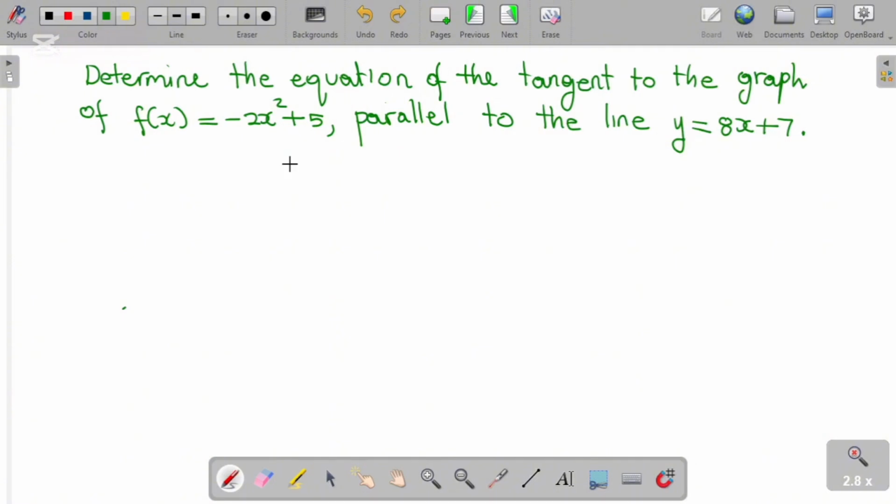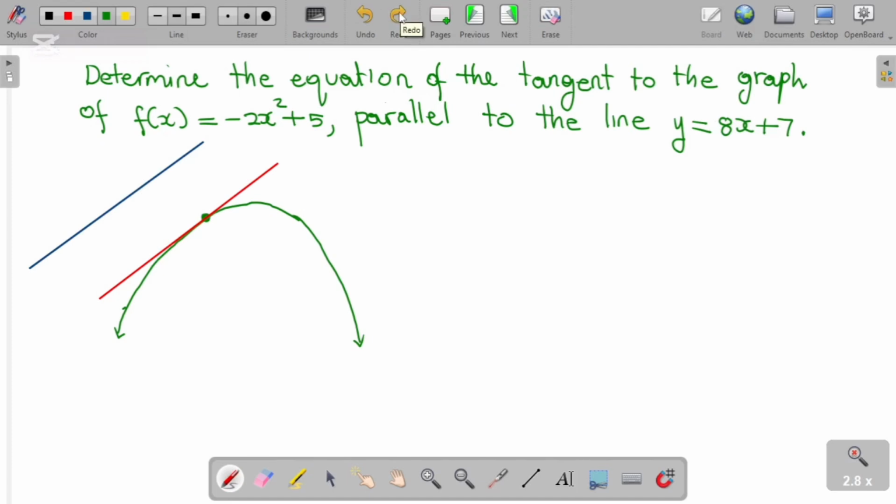Alright. So to understand this, let's put this in the picture. We have a curve of f of x, and somewhere along this curve we are going to have a point of contact between the tangent and the curve. Here is the tangent, and here is this line, y equals 8x plus 7.